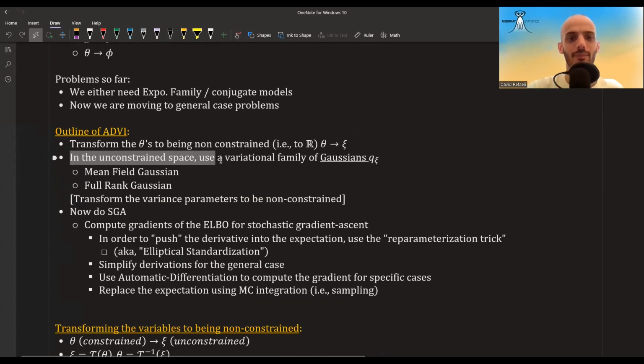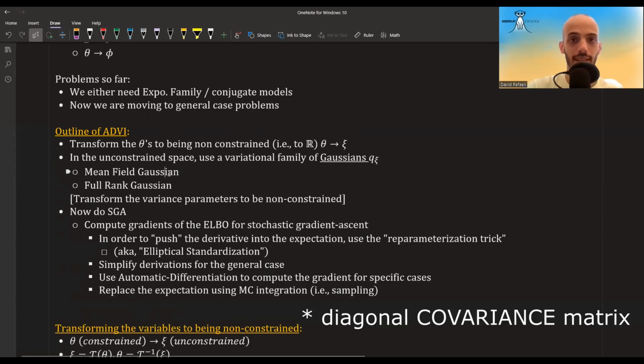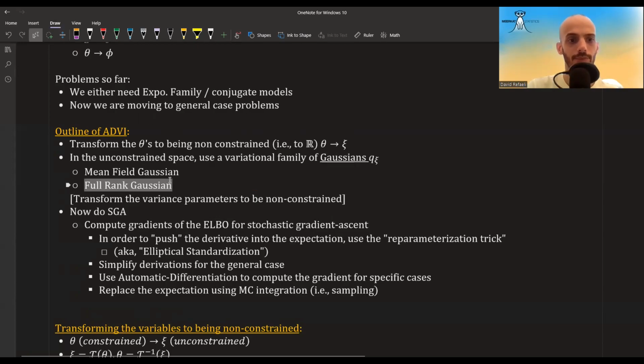In the unconstrained space, we will use a variational family of Gaussians. So in ADVI, we only use Gaussians, not anything else. There are two types of Gaussians that are discussed in the paper. One is the mean field Gaussian, basically a Gaussian with a diagonal matrix, and the other is a full rank Gaussian. We will transform the variance parameters of these Gaussians to also be unconstrained.